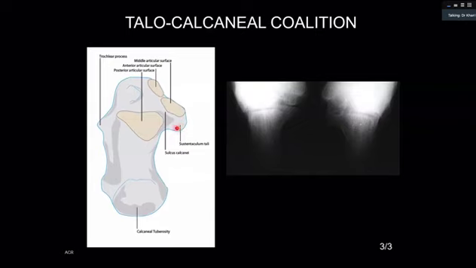The calcaneum has three facets: this is the anterior articular facet, this is the middle, and this is the posterior. The posterior is the largest, the middle is overlying the sustentaculum tali, and this is the anterior. This is where the action is. So the middle, you have to remember for the exam, though it can happen in the posterior also.